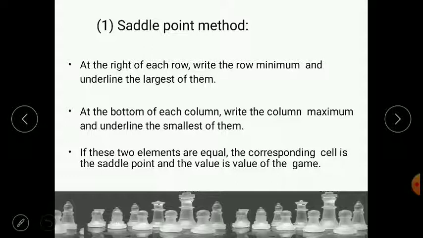Now, in the saddle point method, in the matrix for a particular game, at the right of each row we write down the row minimum of the given values.